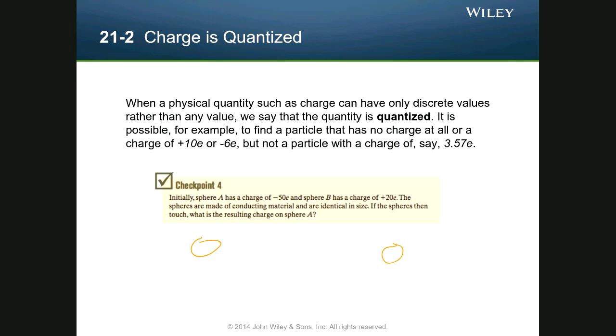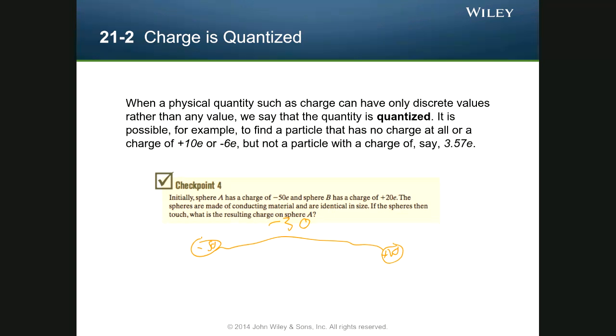So if you have minus 50 there and plus 20, if these touch, the charge will redistribute and equalize, right? Once you get the 20 here to go over here, there's a negative 30 between each sphere, right? Those will go right over and cancel out.